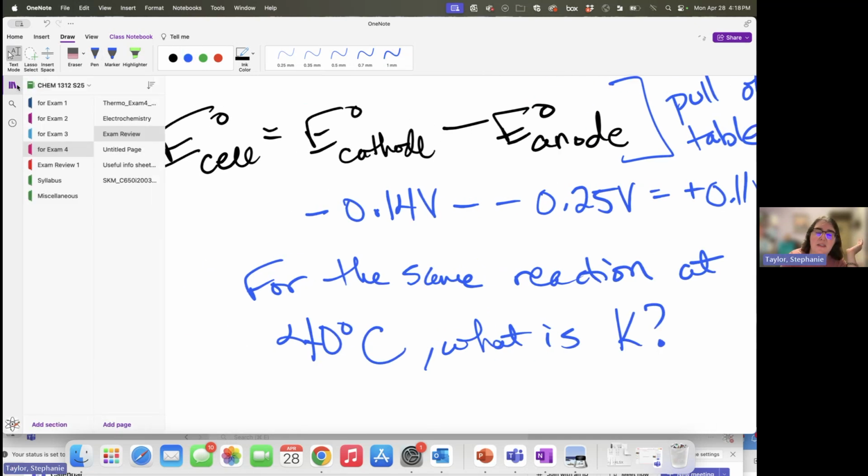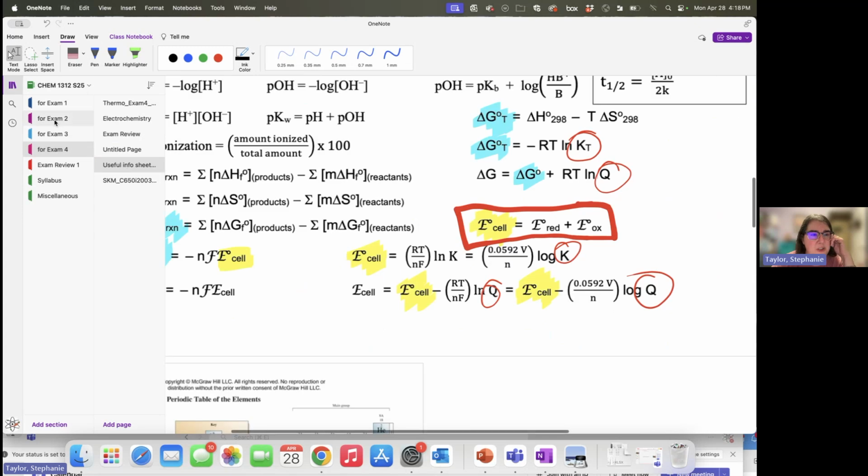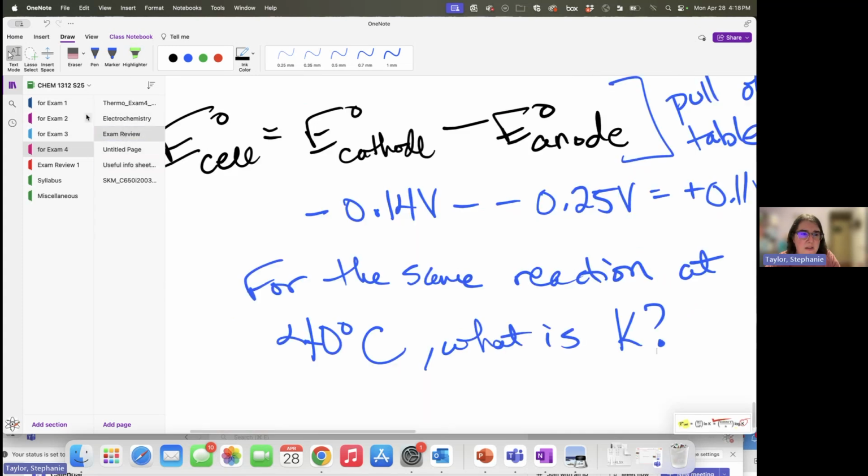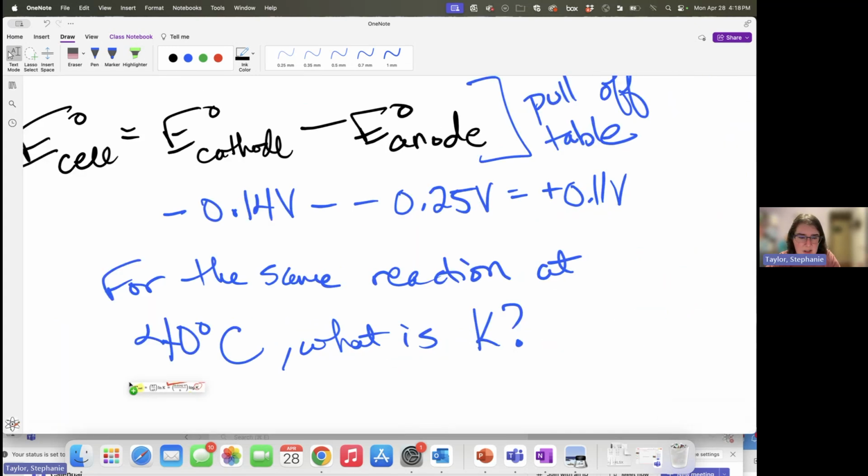So I'm going to go grab my potentially useful information sheet, and I'm going to grab my equations. I said plural because they technically are plural.